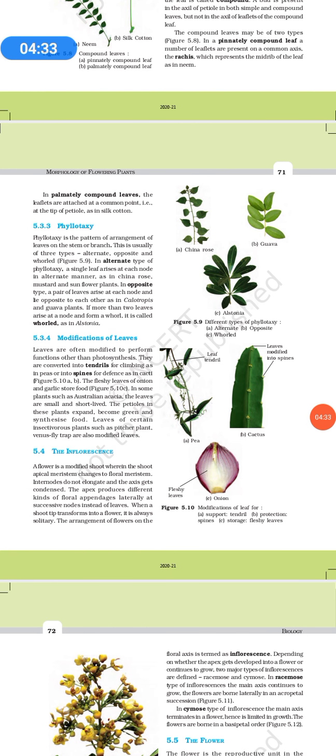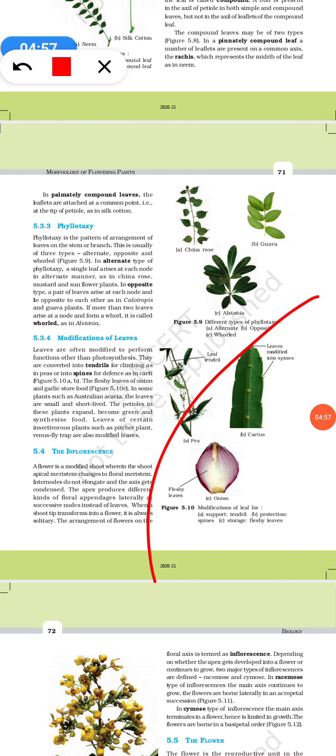Now coming to phyllotaxy. Phyllotaxy means how the leaves are arranged on the axis, that is, on the stem or the branch. It can be alternate phyllotaxy, wherein the leaves go in an alternate manner. If this is a branch, I can have one leaf here, one leaf here, one leaf here.